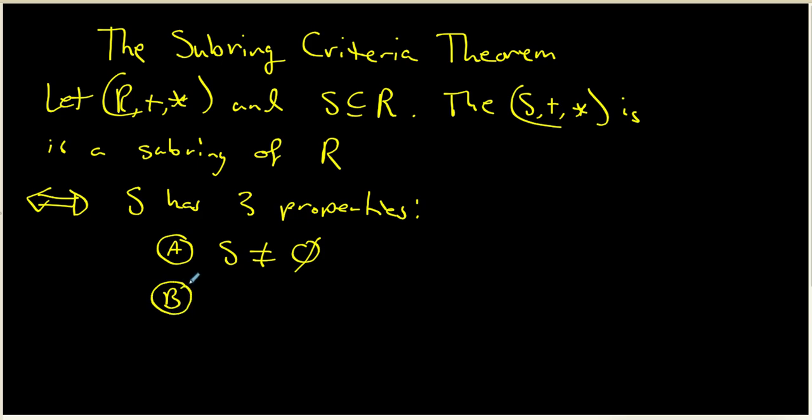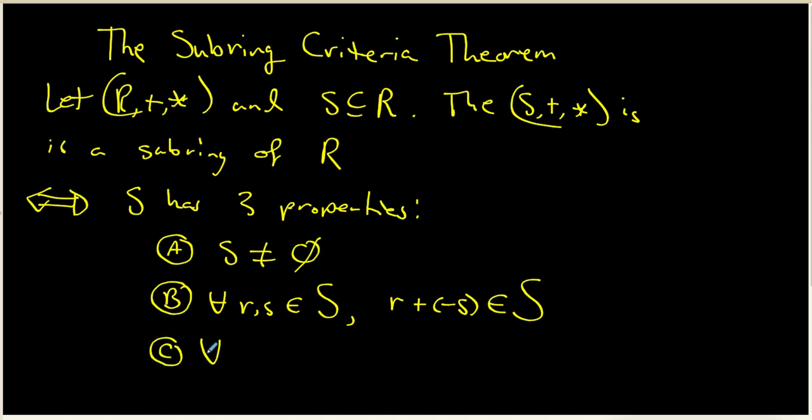Second of all, for every pair of elements inside S, we have to have one of them plus the additive inverse of the second one belongs to S. And the third property is that for any pair of elements inside the subset S, r times s will be an element of S.